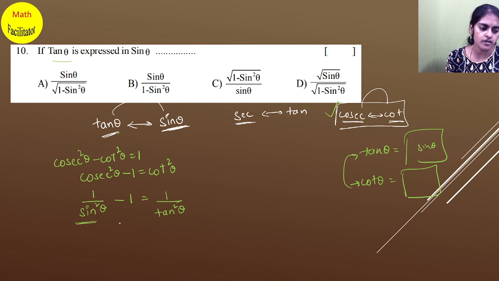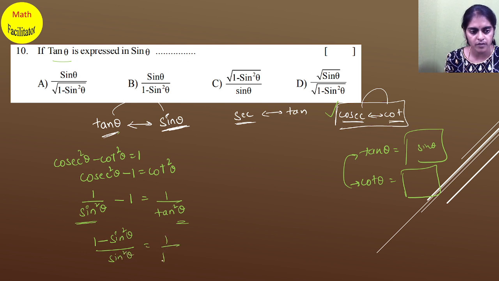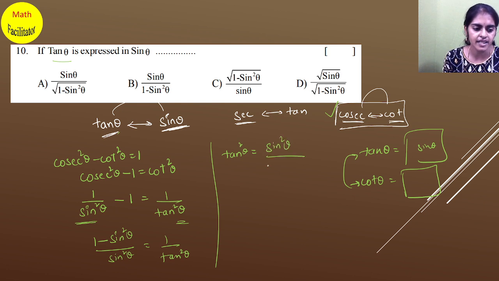Now these are in terms of sine and tan, isn't it? Now let me take LCM. So 1 minus sine square theta divided by sine square theta equal to 1 by tan square theta I have. Okay. So let me take reciprocal now. I want tan square theta, isn't it? So reciprocal, tan square theta is sine square theta divided by 1 minus sine square theta.